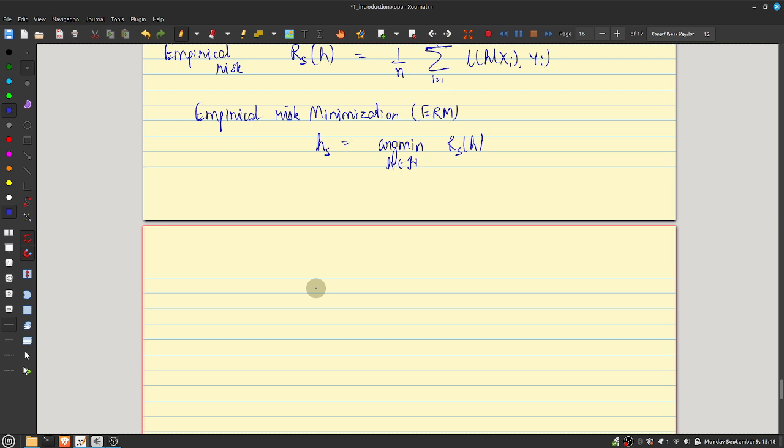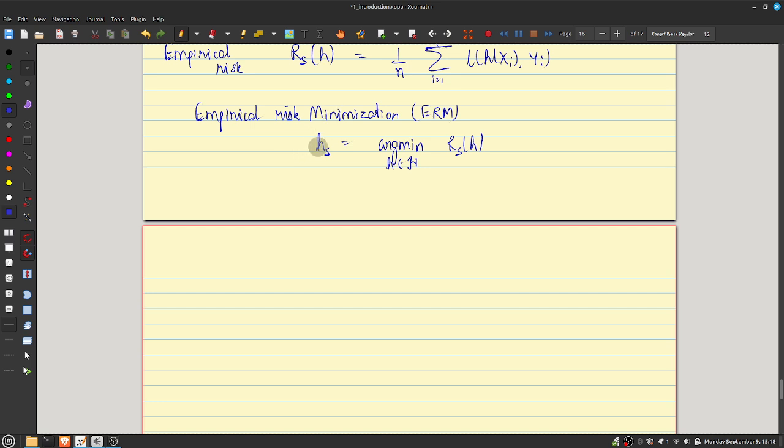Now the question is, what kind of guarantees can we give? As I said, we want to minimize the generalization error, but the generalization error is in itself a random variable. Generalization error captures the performance of a particular h, but it doesn't really characterize the performance of the learning algorithm itself.